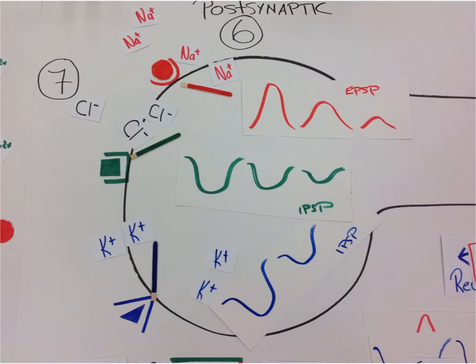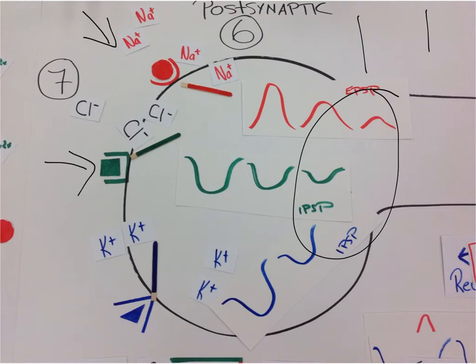Whether an action potential occurs here at the axon hillock is going to be due to the summation of all of these postsynaptic responses. And again, we're going to have two different types of summation. We can have spatial summation. This is due to different stimuli coming in at different locations at the same time. The other type of summation is temporal summation.